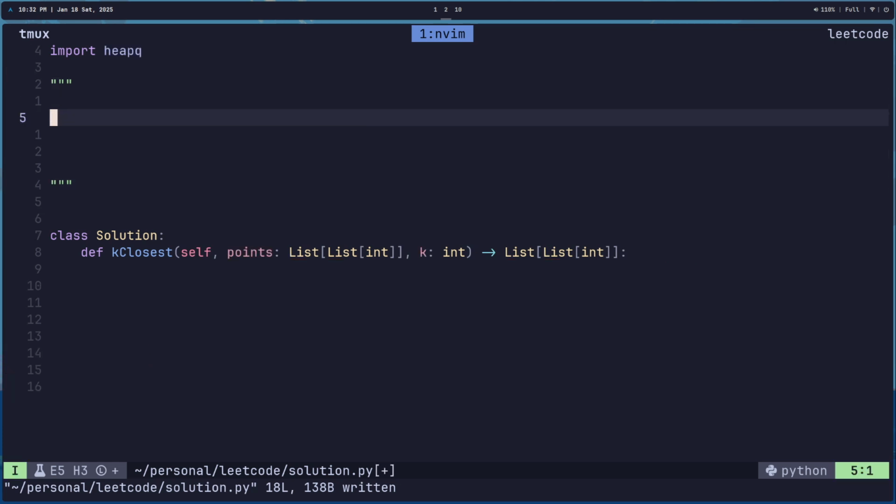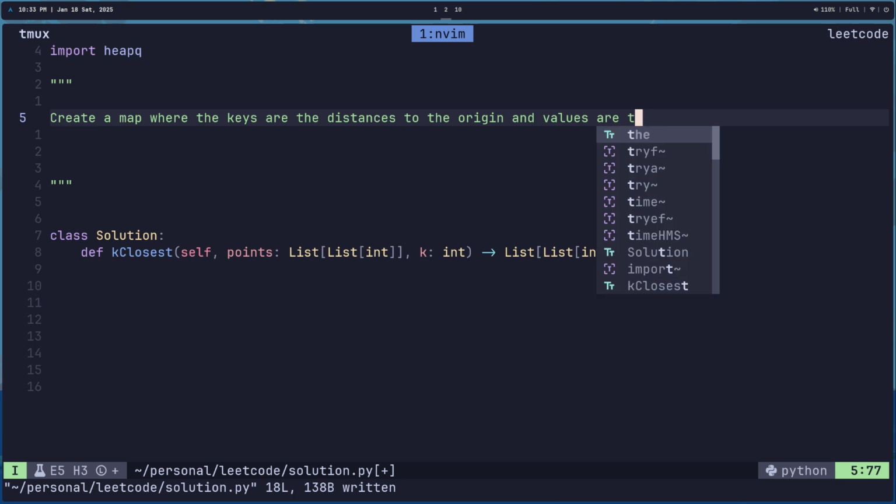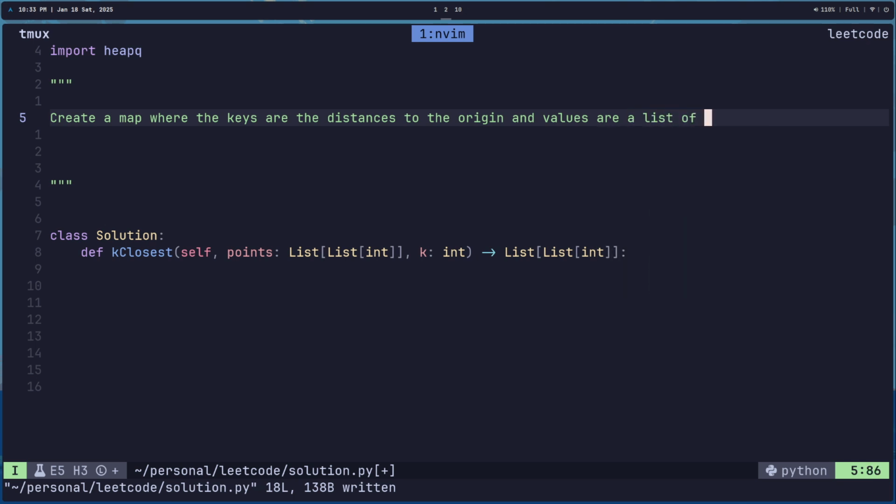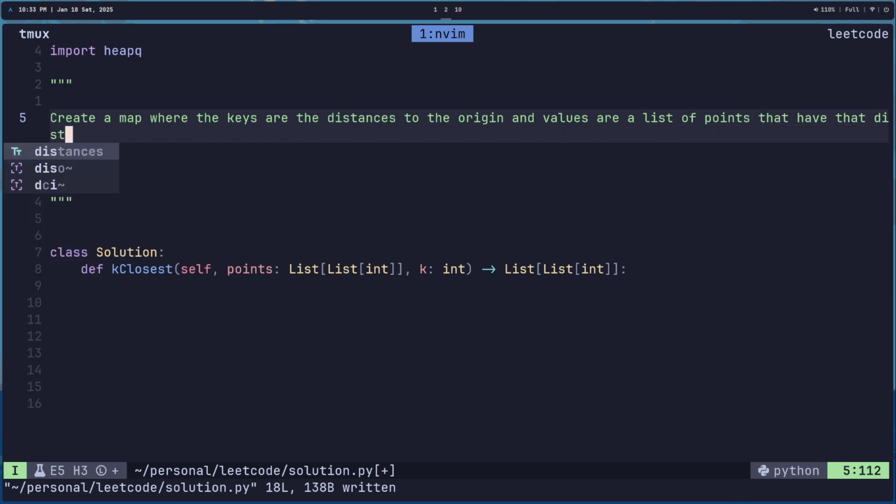I'm saying create a map where the keys are the distances to the origin and the values are a list of points that have that distance, right?